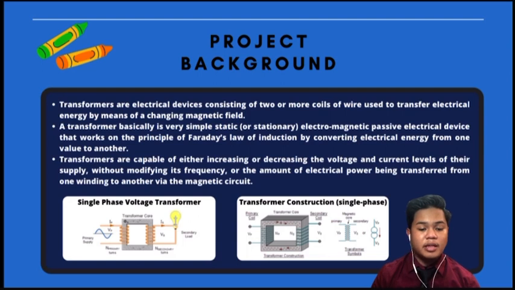The primary and secondary windings are electrically insulated from each other but magnetically linked through the common core, allowing electrical power to be transferred from one coil to the other. When an electric current passes through the primary winding, a magnetic field is developed which induces a voltage into the secondary winding, and this basic operating principle of a simple transformer is shown below.